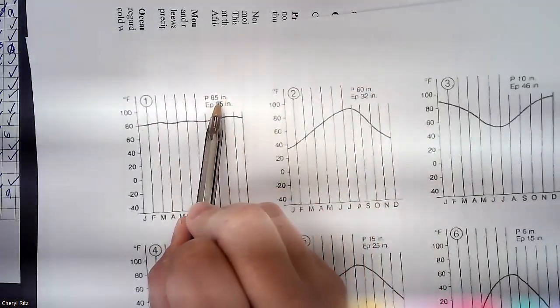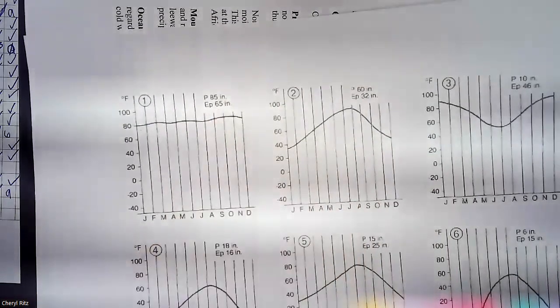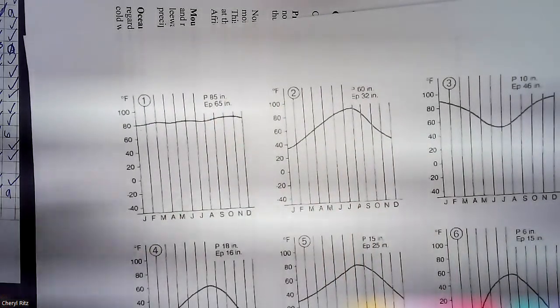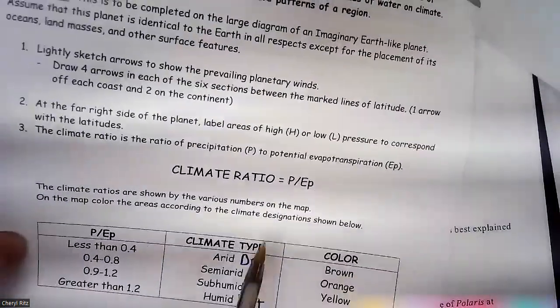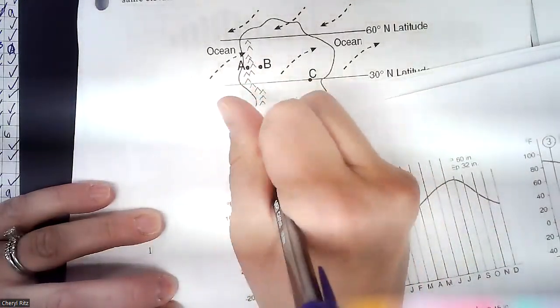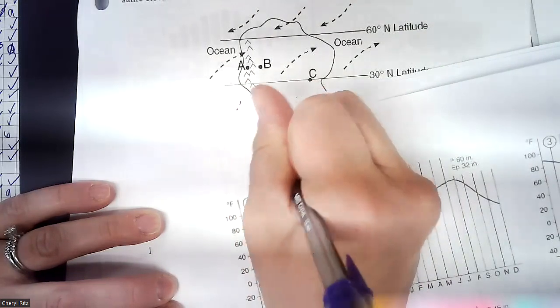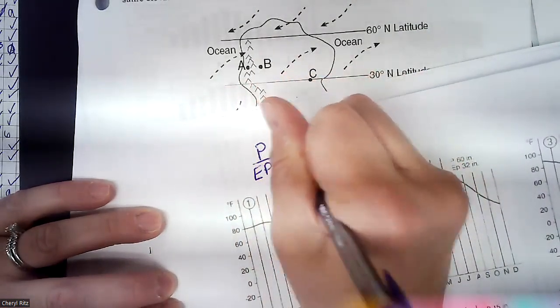In this location, there's 85 inches of rain, and only 65 inches get evaporated. So we need to just plug that into the equation. Again, the equation is P divided by EP. So you would get for this one 85 divided by 65.